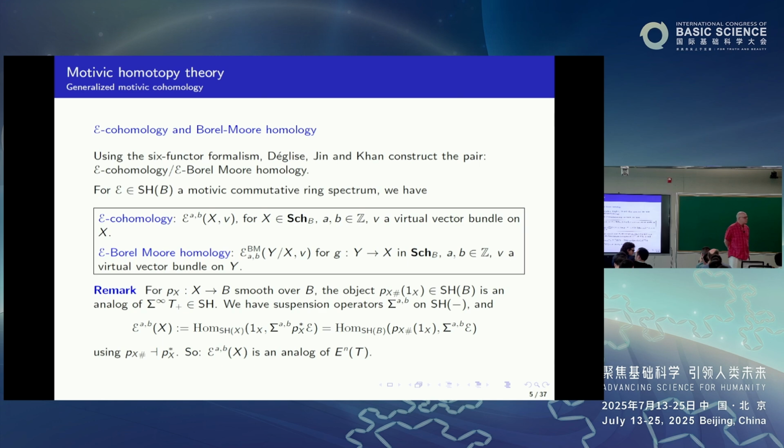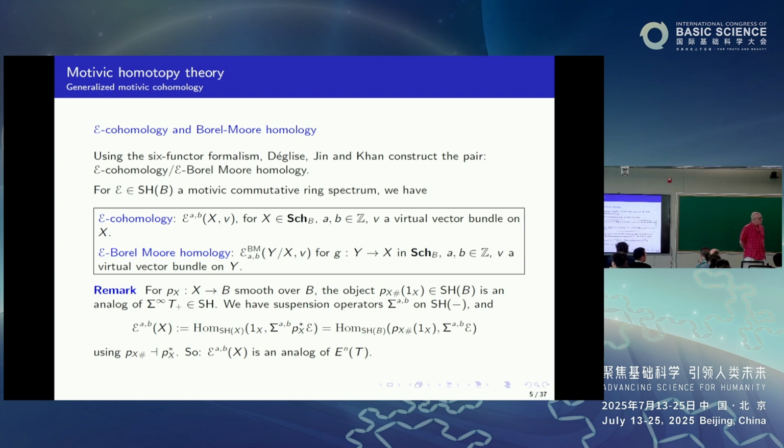And yeah, it's a relative theory. The E-cohomology is an absolute theory for things over B, but the Borel-Moore homology is for a map. You have Borel-Moore homology of Y over X, again in bidegree (A,B), and with a twist by a perfect complex on Y.